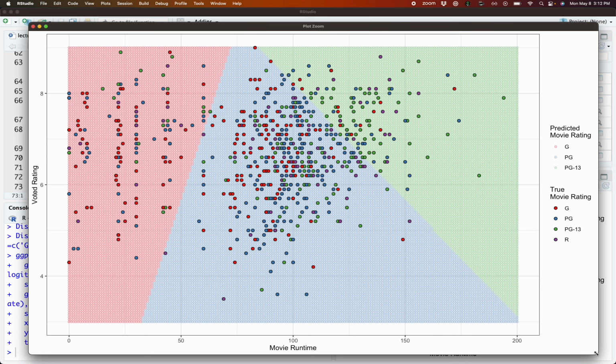So if I just go from bottom to top, both my red and my green increase in amount, and so typically the higher rated the movie is, the less likely that it is to be a PG movie. And as my movies get longer, I tend to go from G-rated to PG to PG-13. Okay.